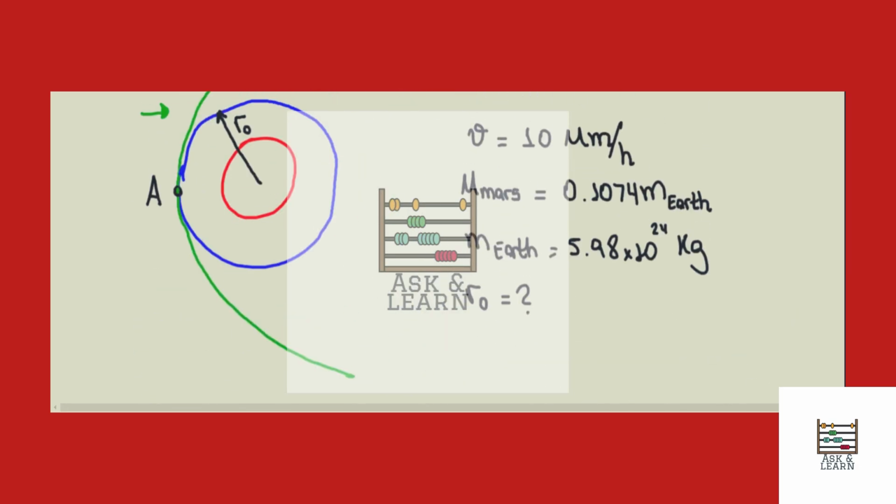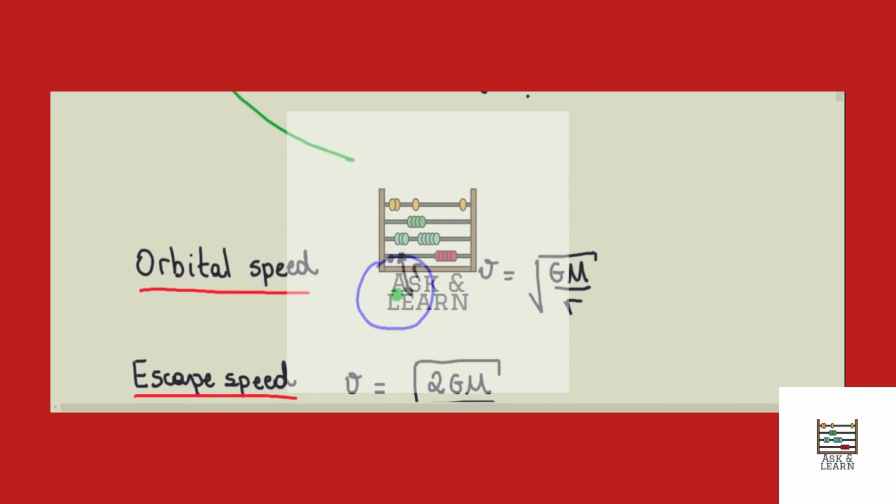Now remember that v is 10 megameters, so this is 10 times 10 to the 6th, so that's 10 to the 7th meters per hour. Now 1 hour has 3,600 seconds, so this is equal to 2.78 times 10 to the 3rd meters per second.